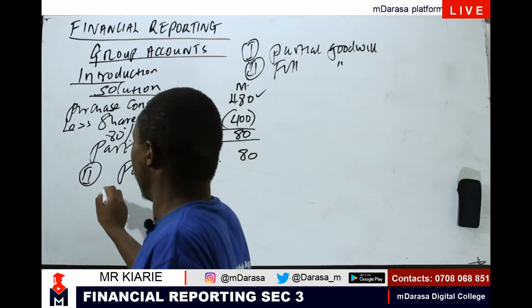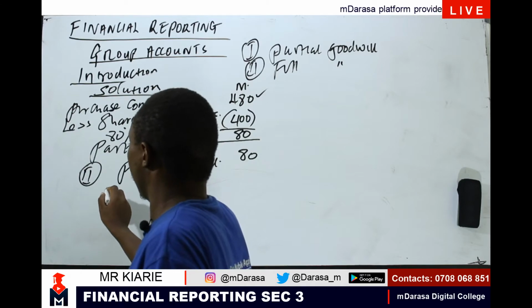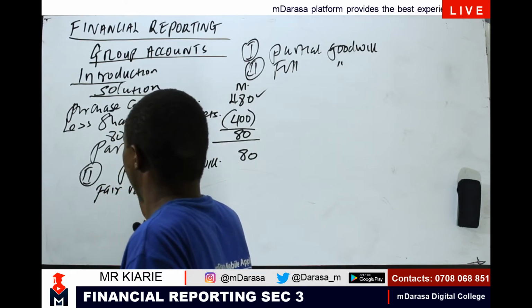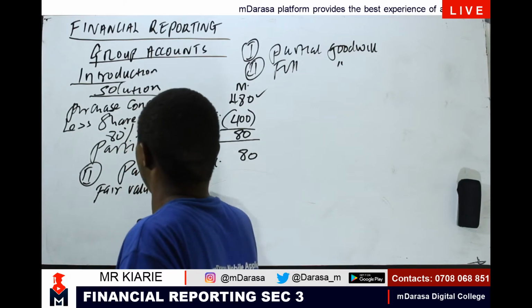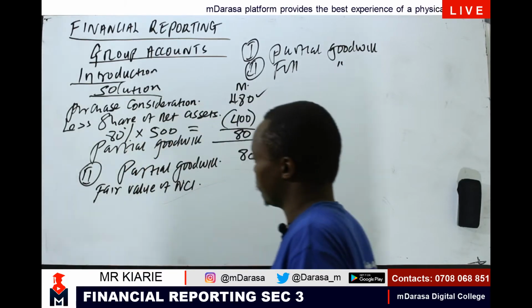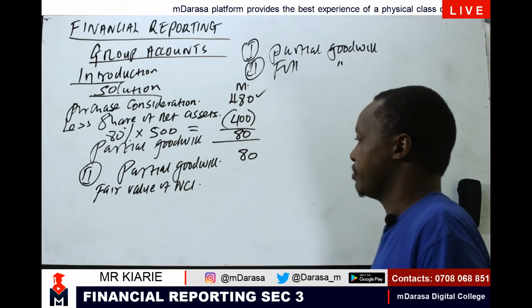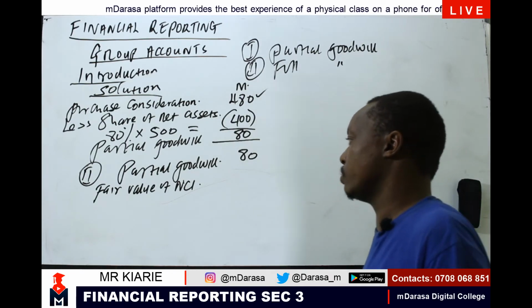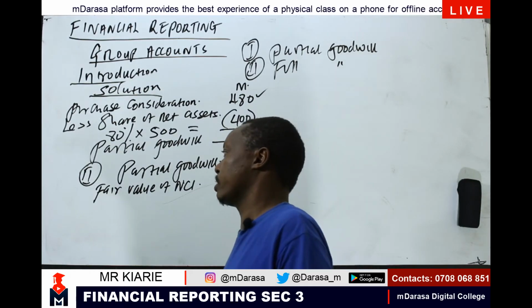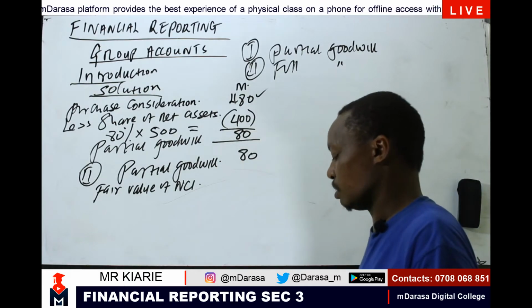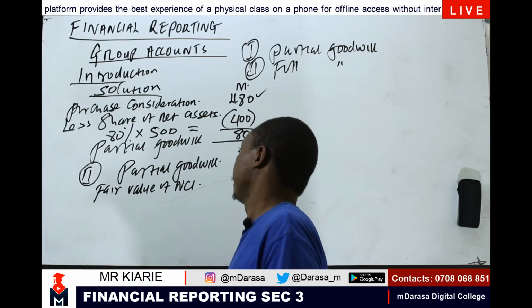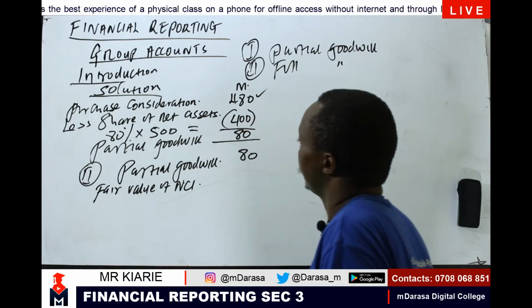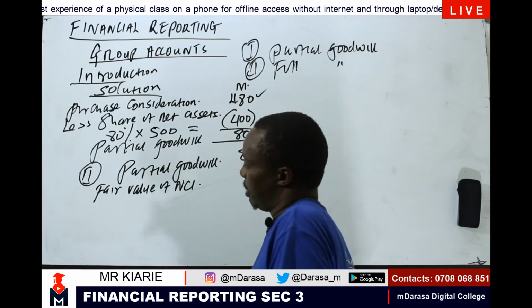Then fair value of NCI. NCI, we said, is non-controlling interest or the minority shareholders. I had an omission there.